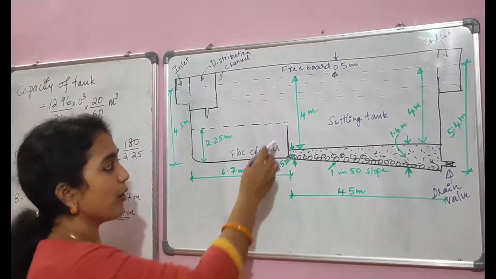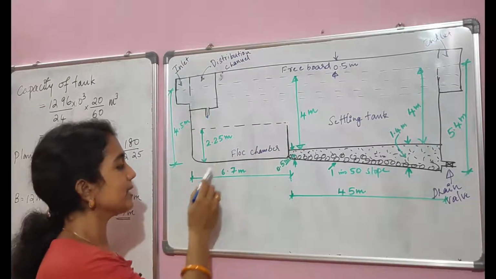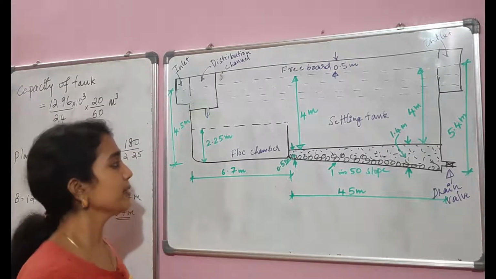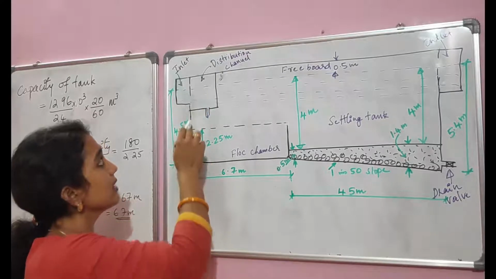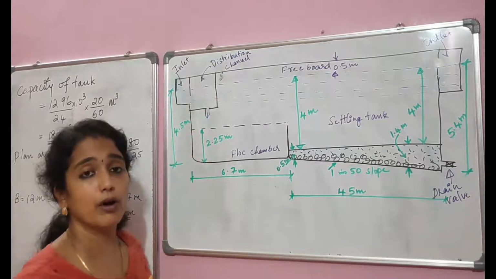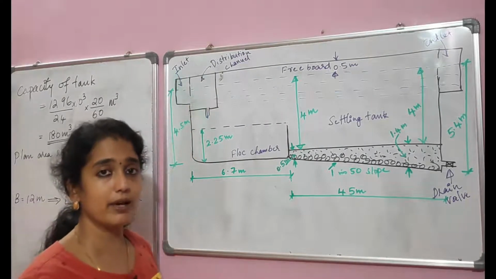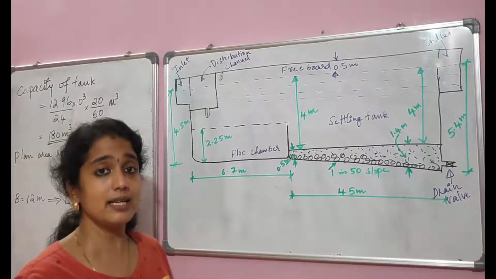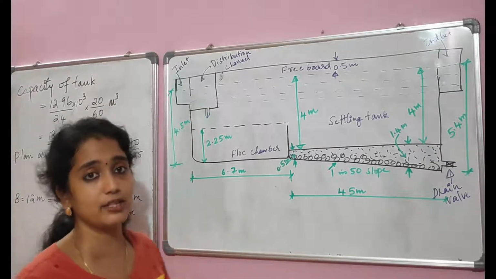Then the floc chamber part: the depth of the floc chamber is 2.25 meter and the length is 6.7 meter. Then the total depth at the inlet distribution channel arrangement will be 4.5 meter. Then this is the inlet arrangement from where the water coming from the mixing basin enters the sedimentation cum coagulation tank.